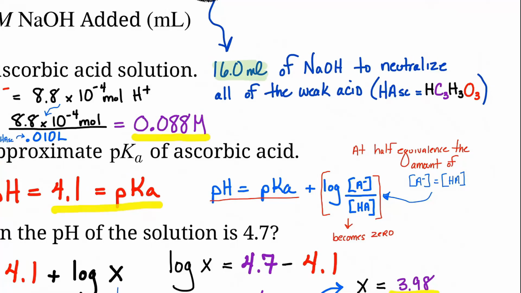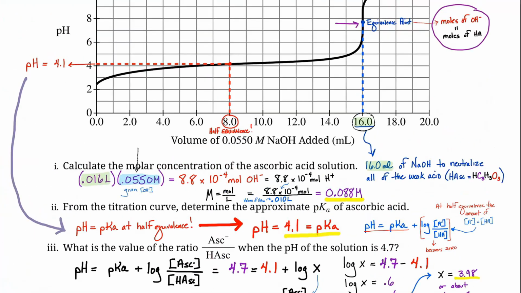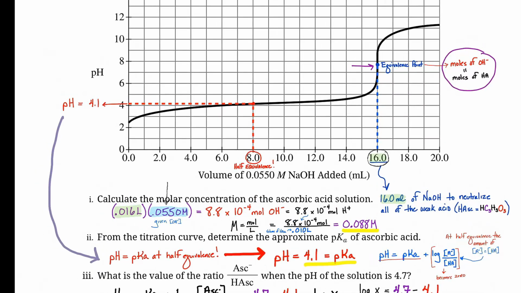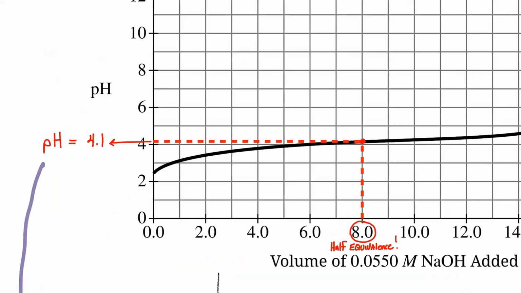So graphically speaking, we need to go to the half equivalence point on the graph, which is the 8 milliliters, half of 16. And as I showed you here, we're going to just find that approximate pH, which is equal to the pKa, because we've gotten rid of the log part, because that goes to 0 when you have equal amounts.